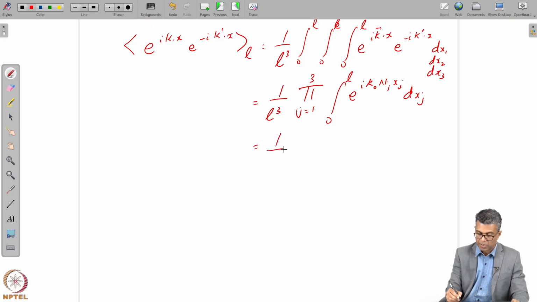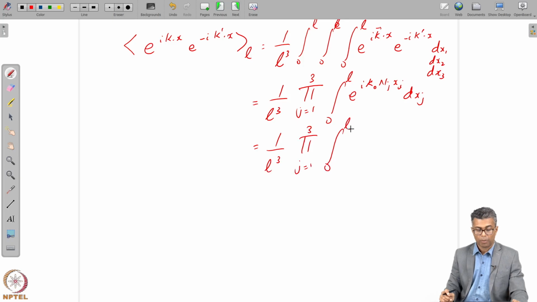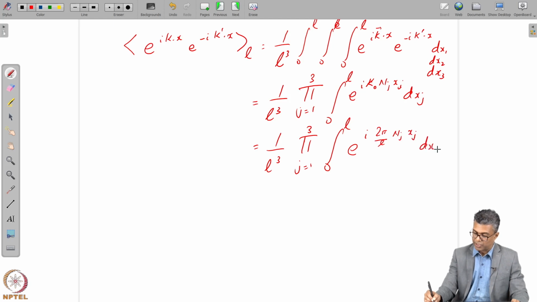Then I'll have this 1 over L cube, then the product over j equal to 1 to 3, of course, with 0 to L coming from the top, and I would have e to the i, where kappa naught, the smallest wave number, is written as 2 pi over L. So I will have i times 2 pi over L and then n j x j d x j.